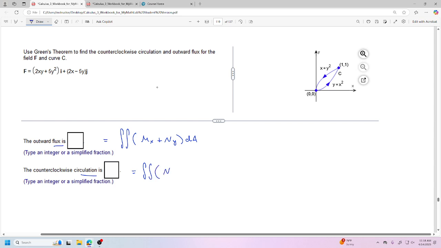The double integral of N x minus M y. Okay. As soon as we have that, I think we should be better off. And you can see, of course, that we have an M, and we have an N. So we can find these things.